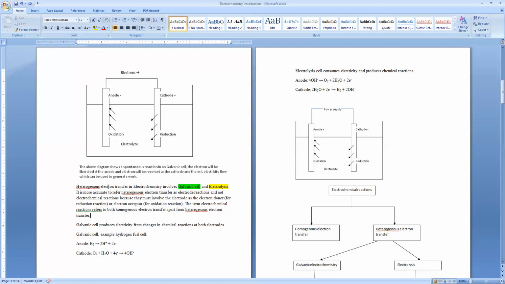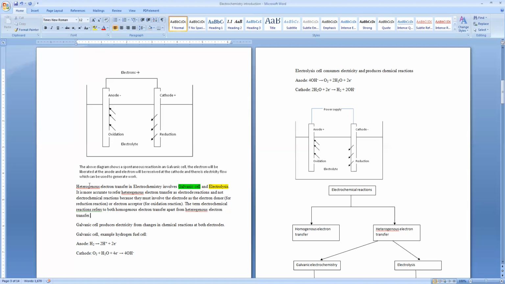So it is more accurate to refer to heterogeneous electron transfer as electroreaction and not electrochemical reaction, because they must involve the electrode as the electron donor for the reduction reaction, and electron acceptor for the oxidation reaction. The term electrochemical reaction refers to both homogeneous electron transfer and heterogeneous electron transfer.